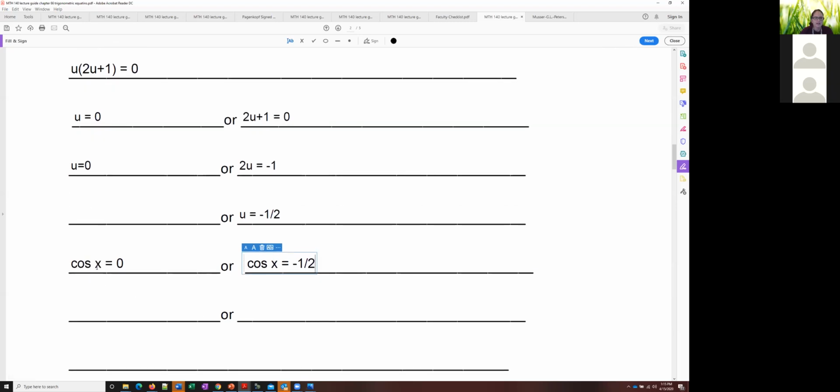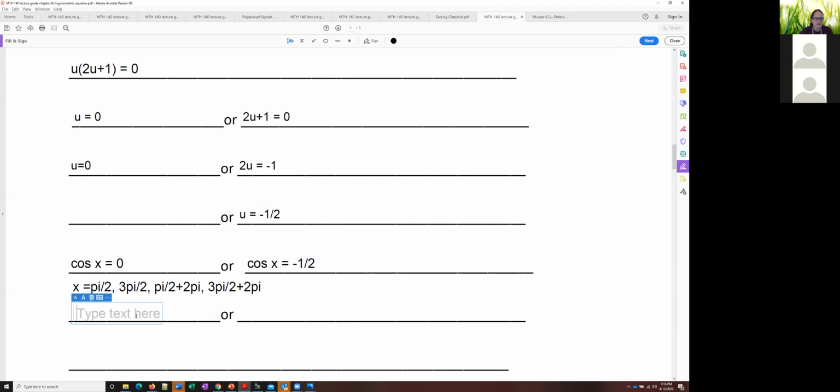And if cosine of x is equal to 0, well, we know that x could be pi over 2 or 3 pi over 2, right? We have the top of our unit circle or the bottom of our unit circle, or we could add 2 pi onto each one of those. So we would have pi over 2 plus 2 pi, or 3 pi over 2 plus 2 pi.